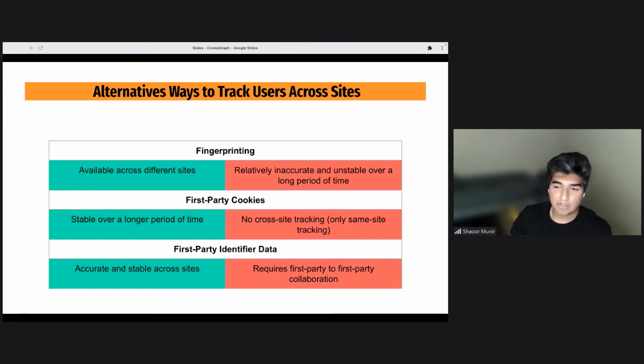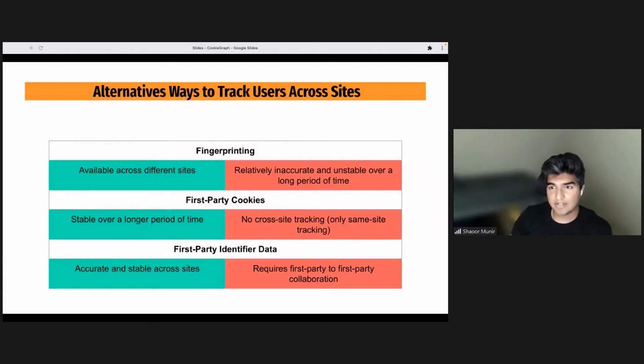the question arises of what these trackers will use for cross-site tracking now. Here we look at a few different ways they can use to track users and some of their shortcomings. Firstly, they can collect fingerprints from users that visit their website.